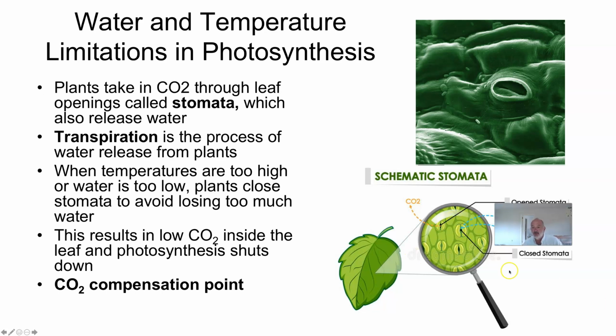So if you think about it from the diagram below on the right, you want to get that carbon dioxide coming in through an open stomata, but you want to make sure that you don't lose too much water as well. So you shut it down. This is a problem. Especially if you're in a warm or dry environment, and especially during the day, the plant wants to shut down the stomata to keep from losing too much water.